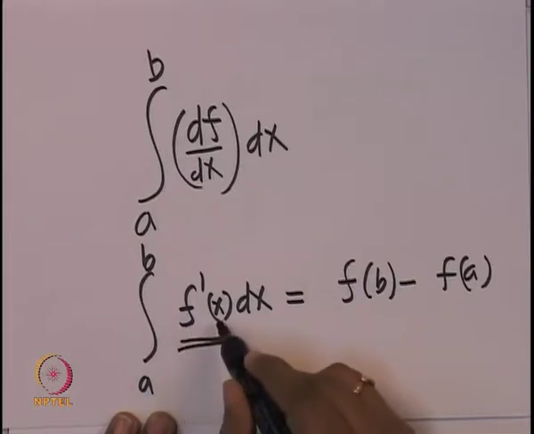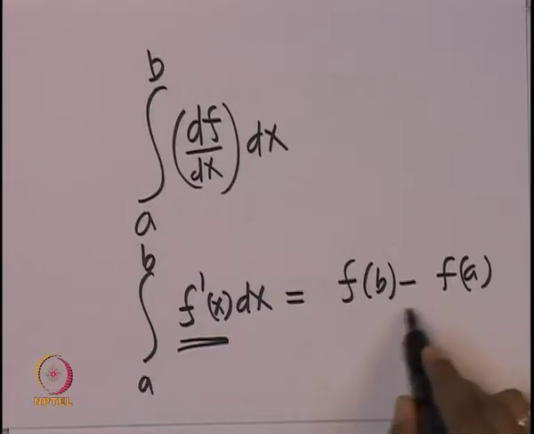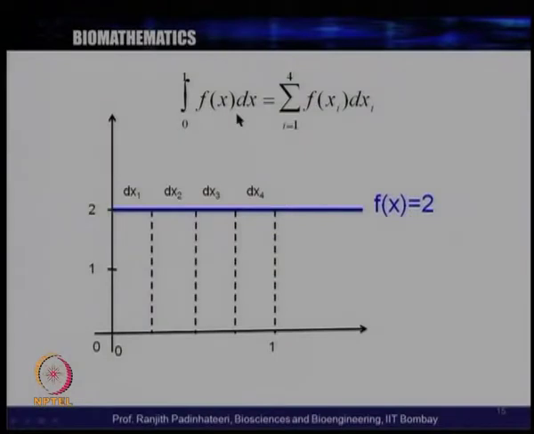If we call this f prime of x some curve, then the definite integral tells us the area under that curve between a and b, because you can see that this is a number. For example, the integral from 0 to 1 of f of x dx can be divided into many parts with widths dx1, dx2, dx3, dx4.